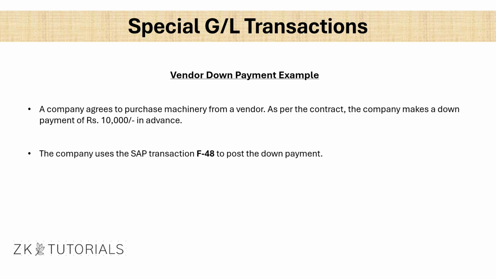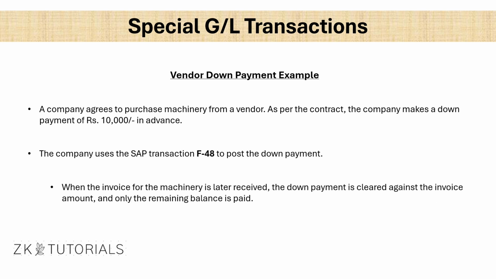The company uses SAP transaction F-48 to post the down payment. Whenever we give this 10,000 to the vendor, we post this down payment in transaction code F-48.